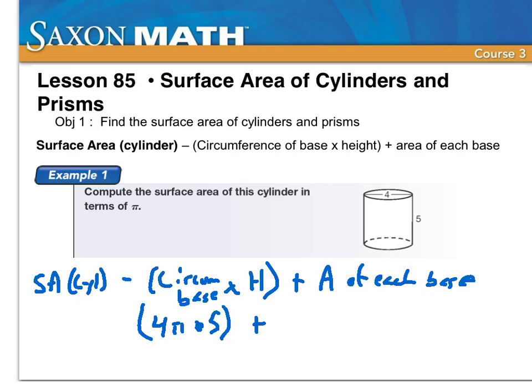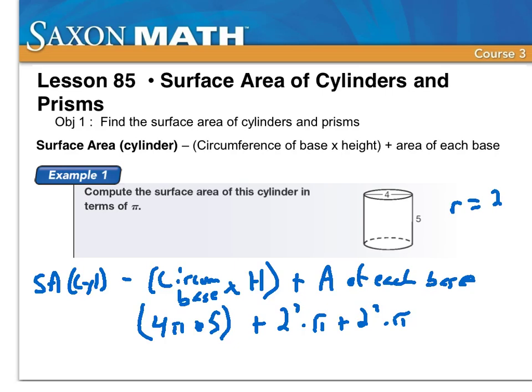Well, the bases are the same, so it's pi times the radius squared. So we have 2 squared times pi is one base right here, and then the other base is also 2 squared times pi, because again, the radius is 2.